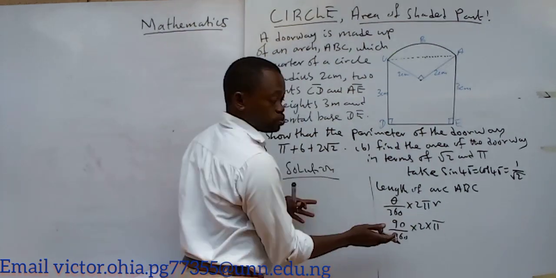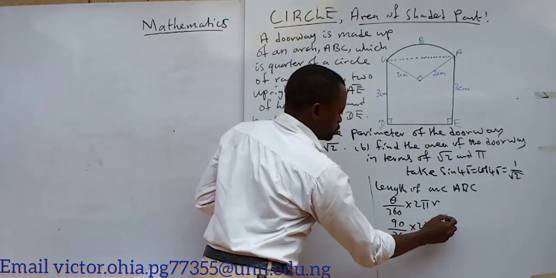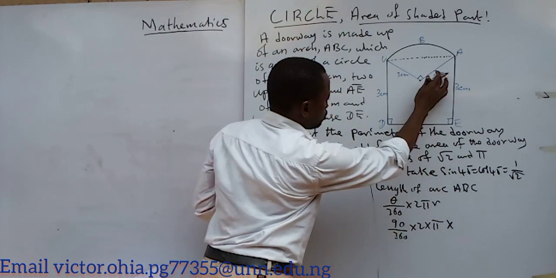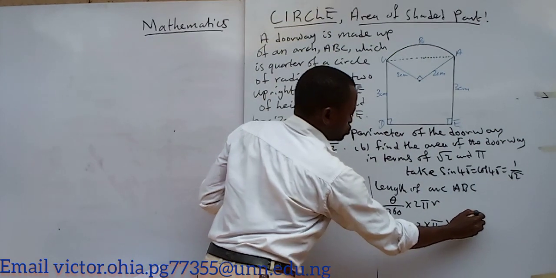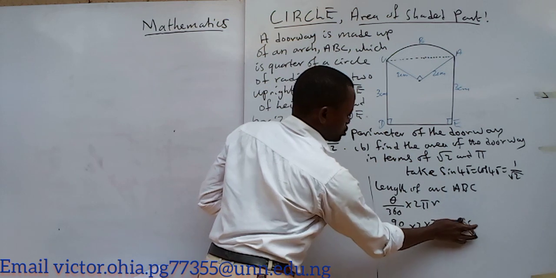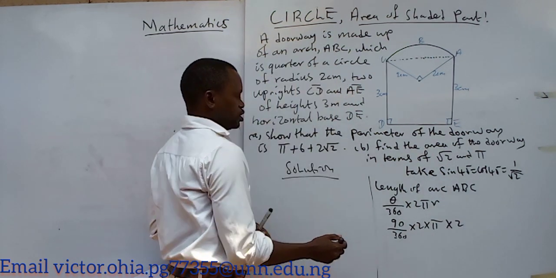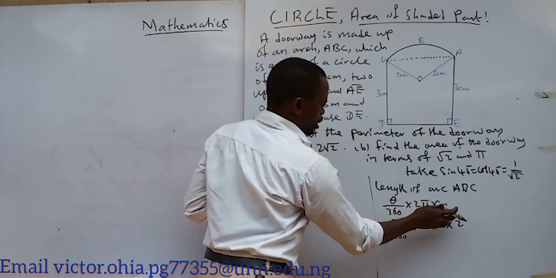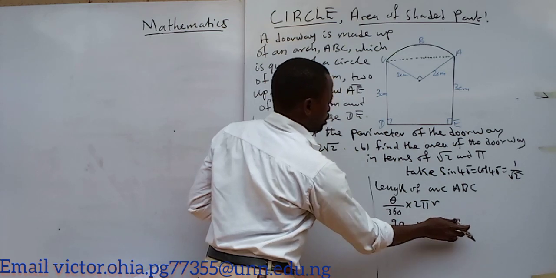So I'm not going to replace pi with 22 over 7. Then times the r there is 2. That is r, sorry, not r squared, it's r. I thought I was calculating area now. So it will be 2 pi r, which is 2 pi times 2.